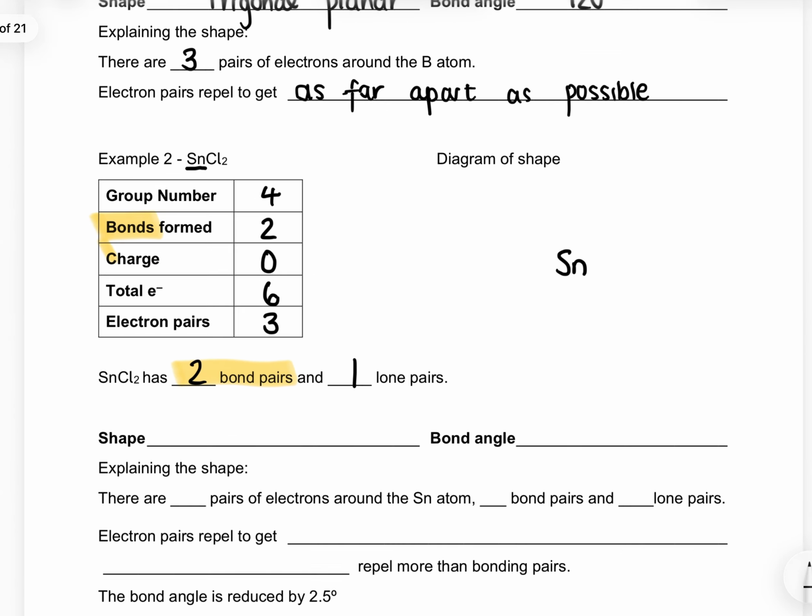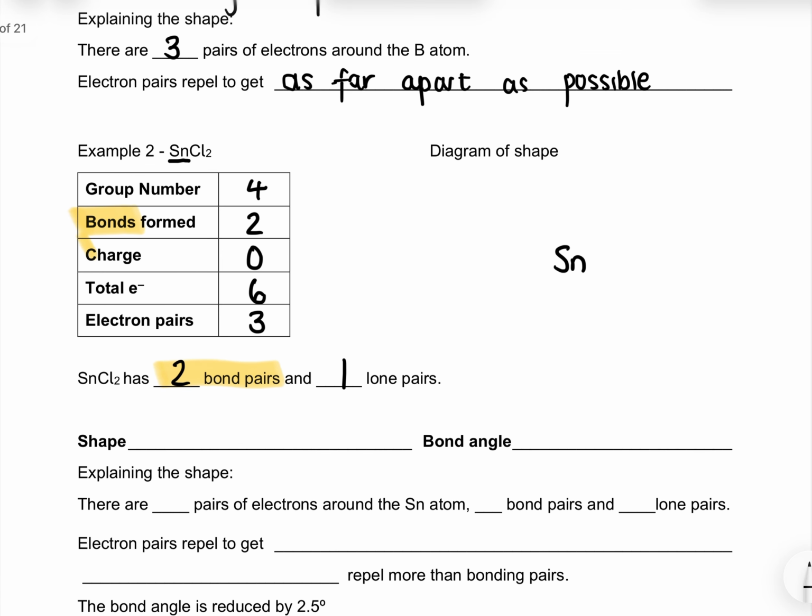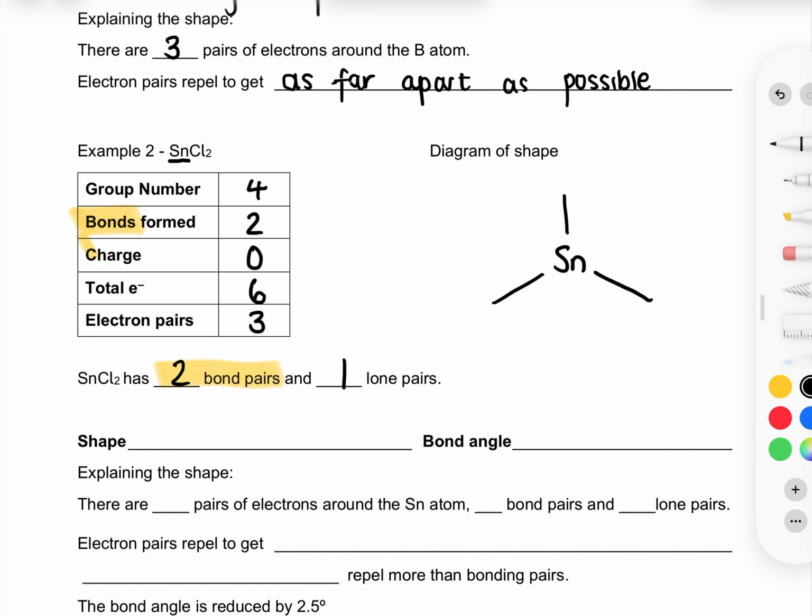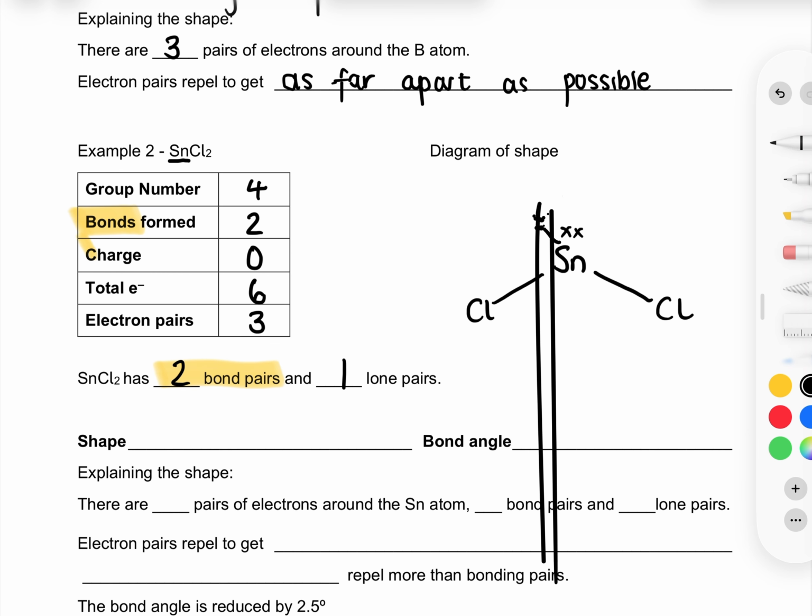And what I would suggest in an exam is that you sketch out the 3-pair shape in pencil, which is to repel each other 120 degrees. But actually one of these doesn't have a Cl on the end of it. One of them is a lone pair. So we rub out the 3rd bond and we change it to be a lone pair.